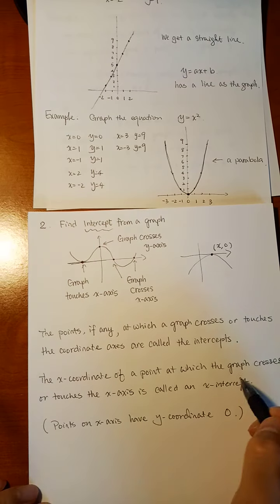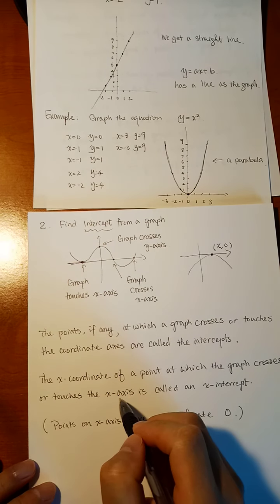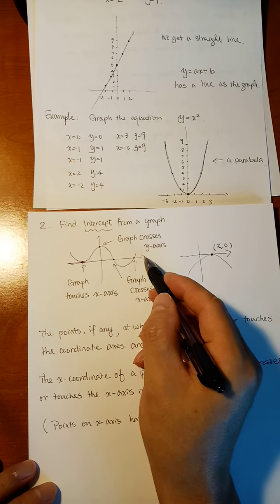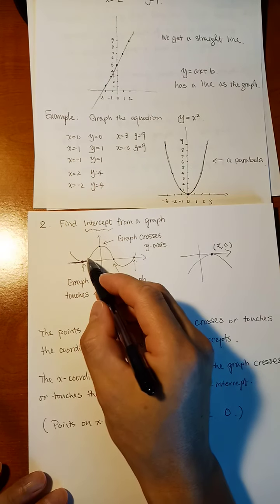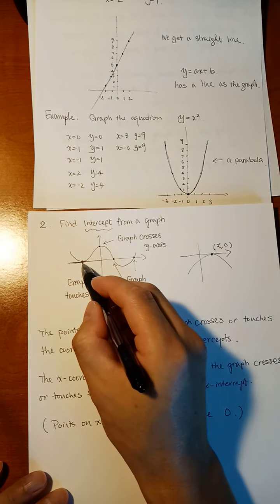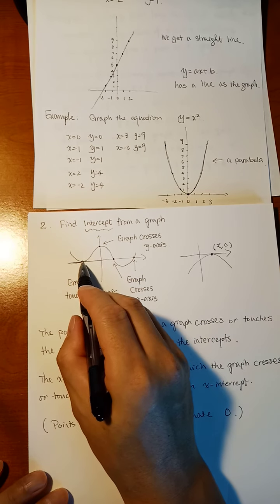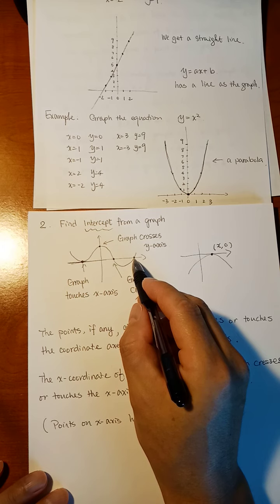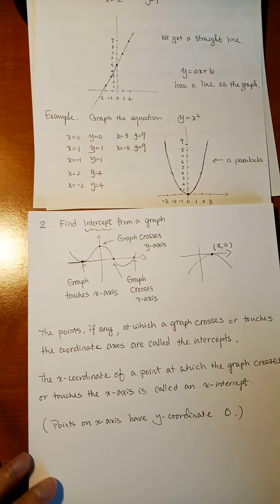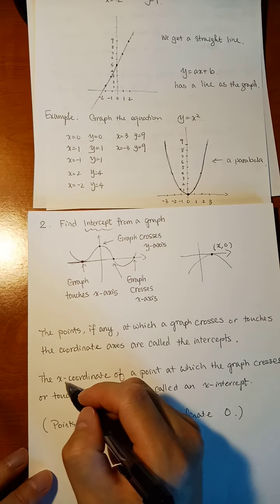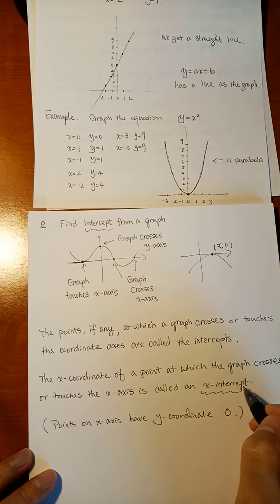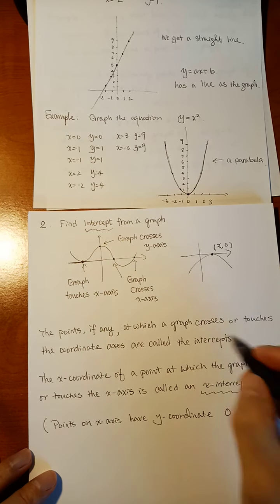So that's why if the graph crosses or touches the x-axis, we don't record the y coordinate. Y coordinates are always 0. We only record the x coordinate. So possibly this is -2, +1, +3. We only record the x coordinate, that number. Now you see here, x-intercept is a number.